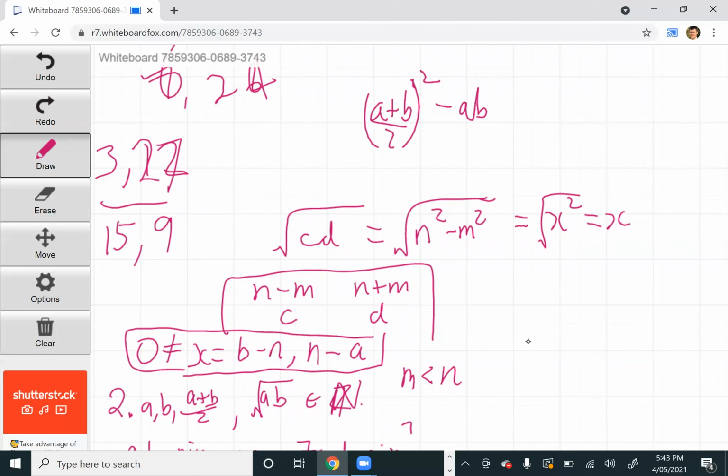Wait, what? That's going to give you an integer, a square of an integer, right? Yeah, so you can prove that x is always an integer. Okay.